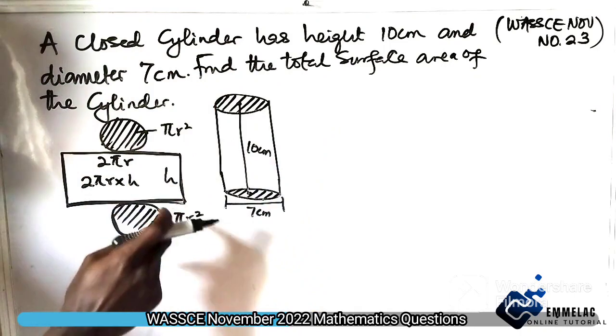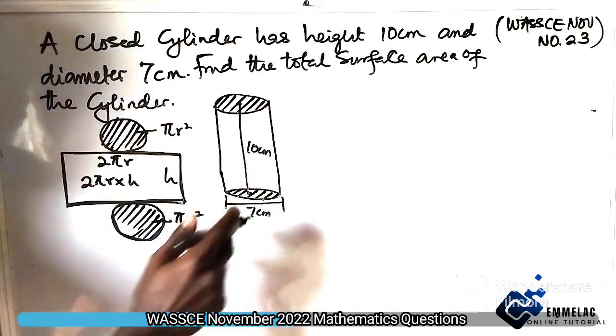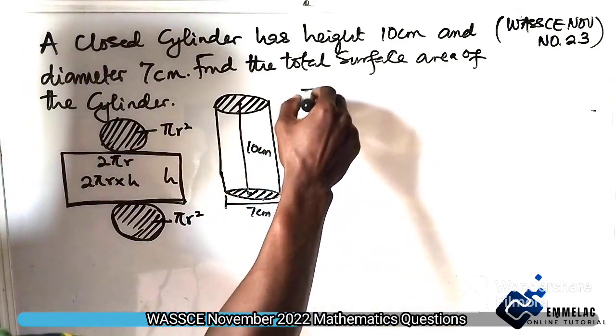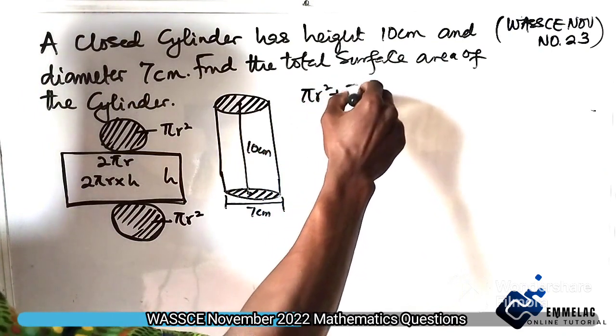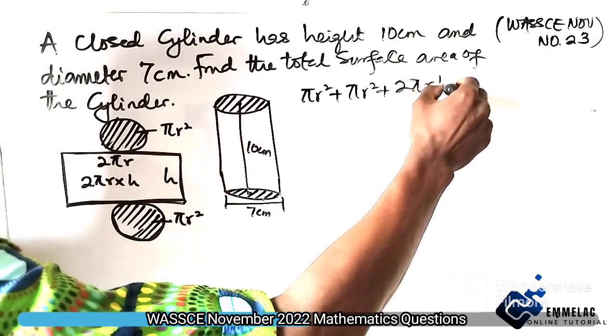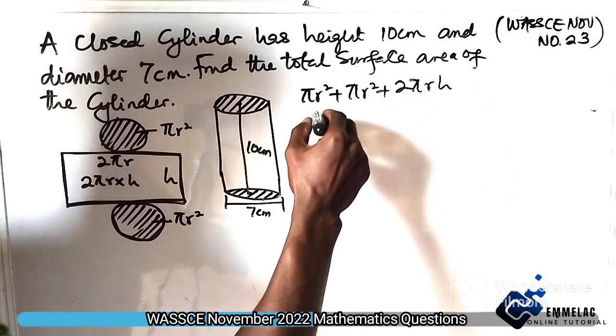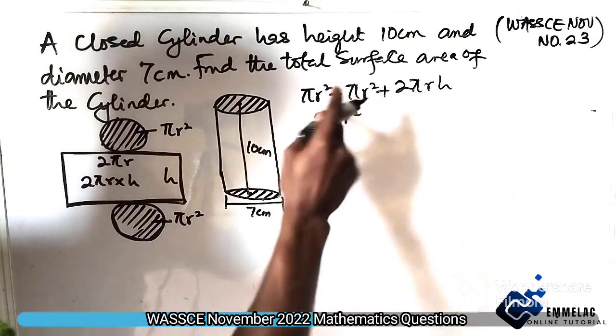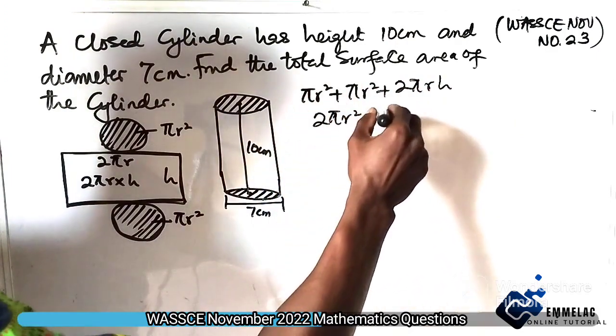So the total surface area will be pi r square plus pi r square, then plus 2 pi r h. At the end of the day, you have 2 pi r square plus 2 pi r h.